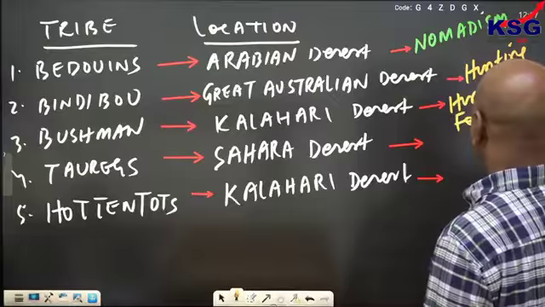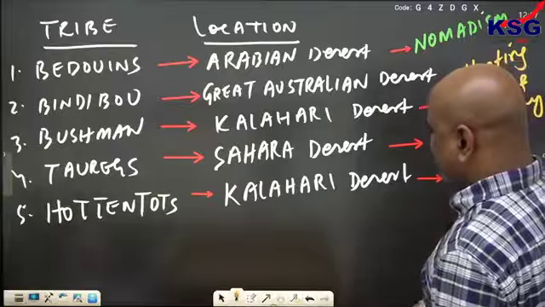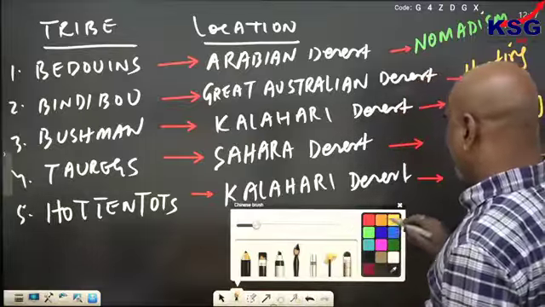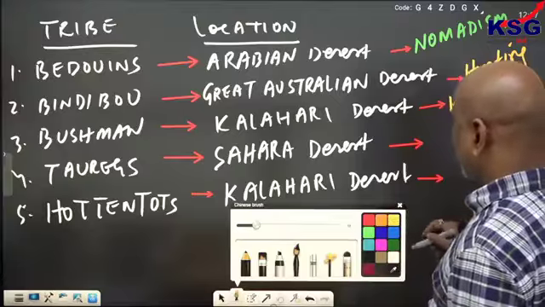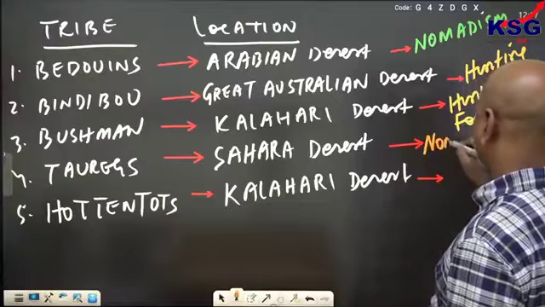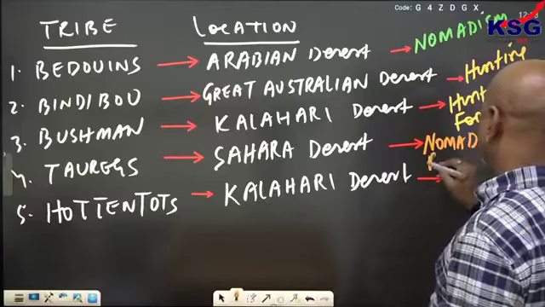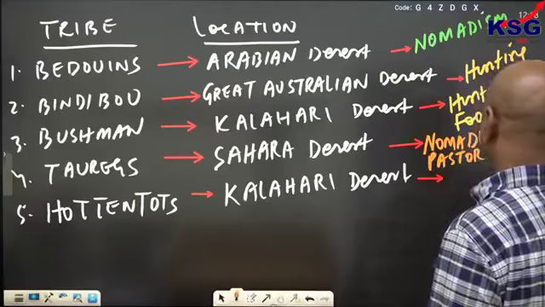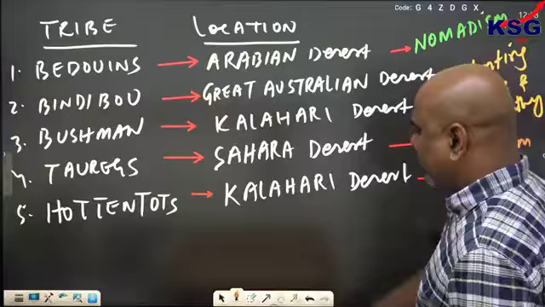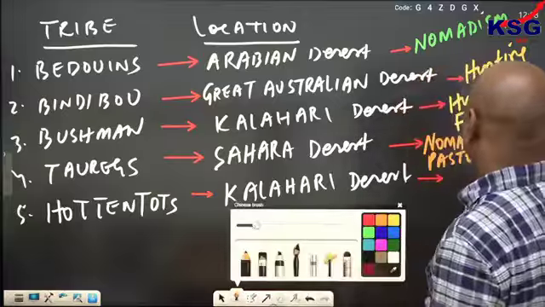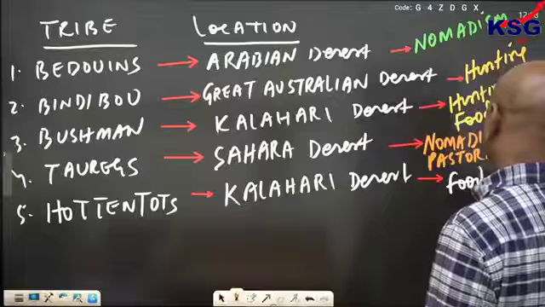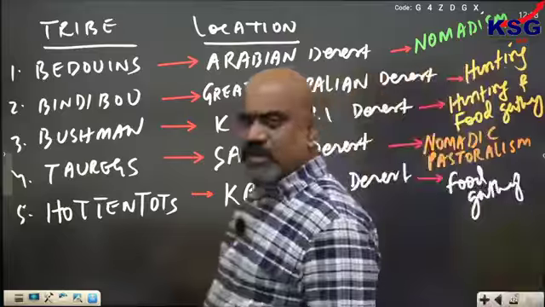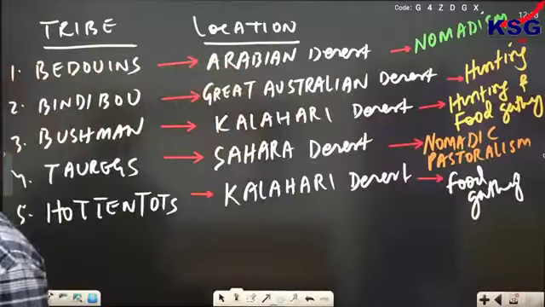Thorax are also nomadic people, practicing nomadic pastoralism. And Hottentots are food gatherers only.